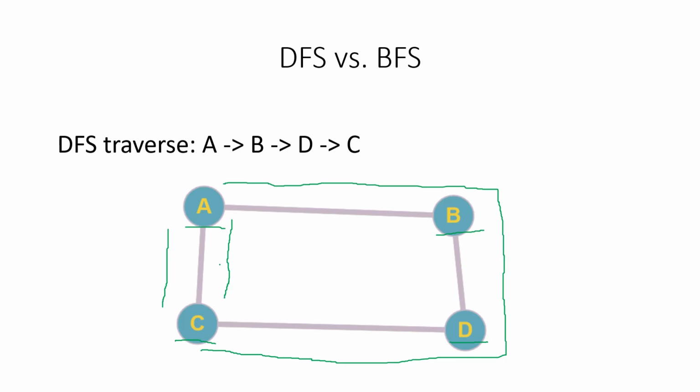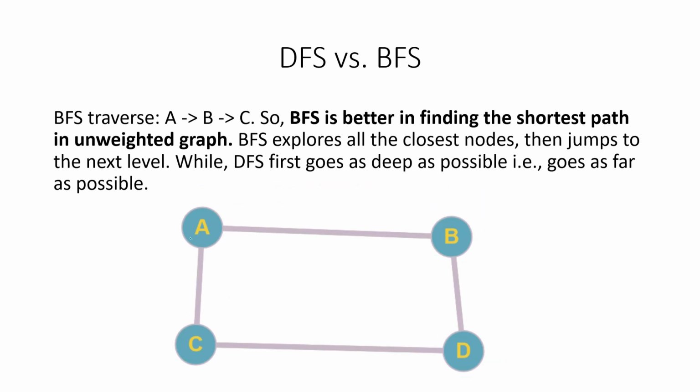So what would BFS do? It would start with A, then it would explore B, then it would explore C, and it finds C, and it has already found the shortest path between A and C. So that's why BFS is better in finding shortest paths in unweighted graphs, and also in undirected and directed graphs.